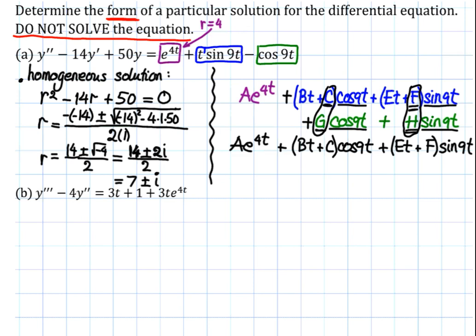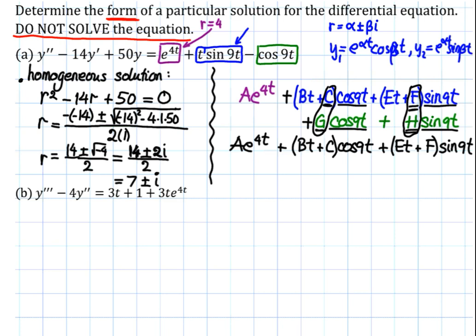The t sine of 9t, usually every time we have sine or cosine, the root could be in the form of alpha plus or minus beta i. If that is the root, then the solutions are y1 equals e to the alpha t cosine of beta t, and y2 is e to the alpha t sine of beta t.